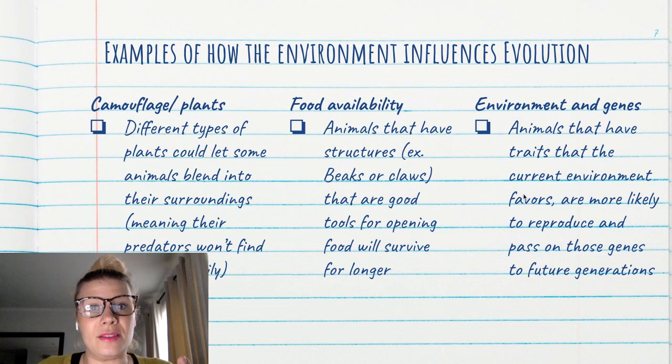Okay, and then reminding you about those environments and genes that we talked about. If an animal has a trait that's good in the environment, it's going to allow them to live longer. It's going to allow them to reproduce more, which means there's going to be more offspring that are going to have the DNA, the genetics, or the genes for that trait.